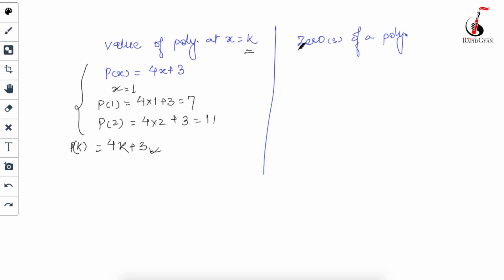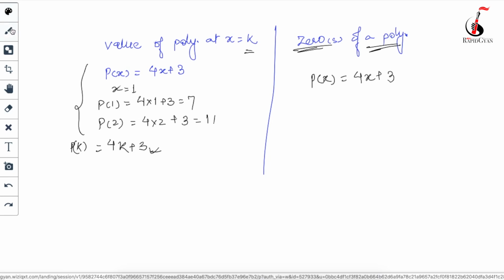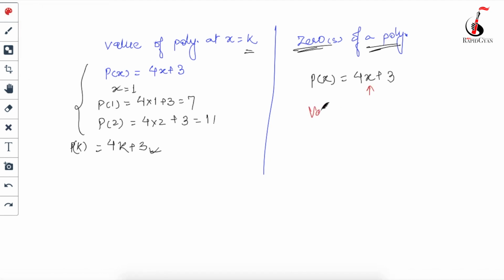Now come here, it's saying the zeros of a polynomial. So what do you mean by zeros of a polynomial? Suppose I am going to take the same example, p(x) = 4x + 3. You will have to find the value of x at which p(x) will become 0.